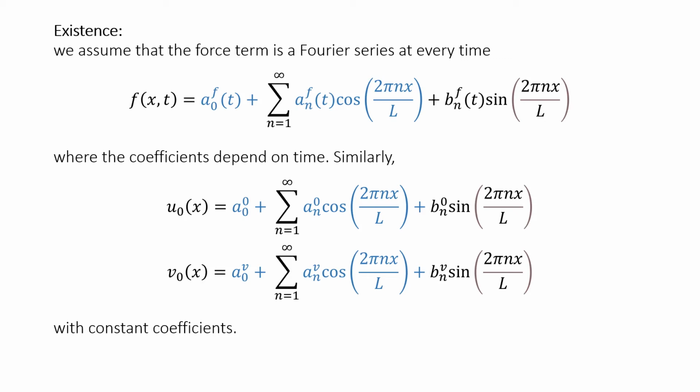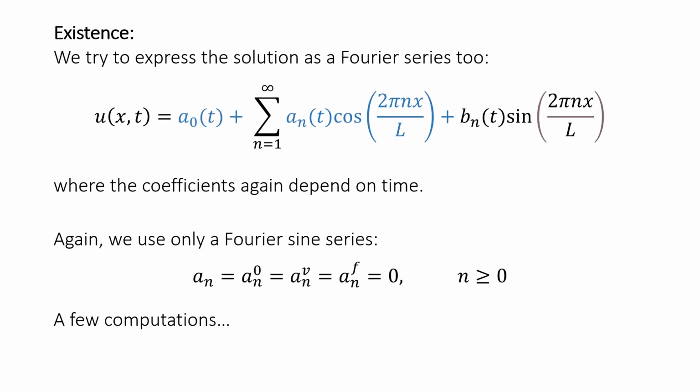Since we assume that the data of the problem can be represented as a Fourier series, we also do the same for the proposed solution. So let's assume that the solution can be represented by a Fourier series. And since the solution, of course, is a function both in space and time, the coefficients in the Fourier series will also be time dependent.